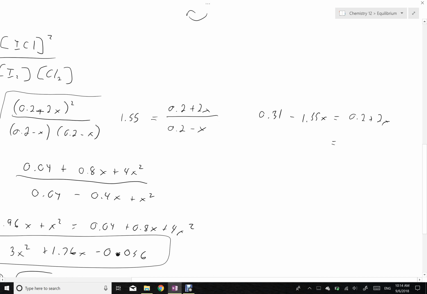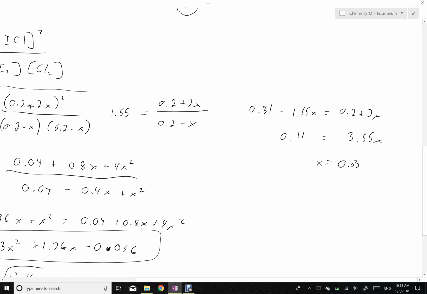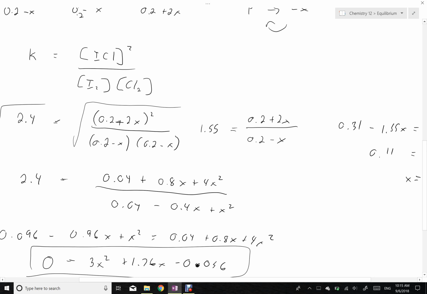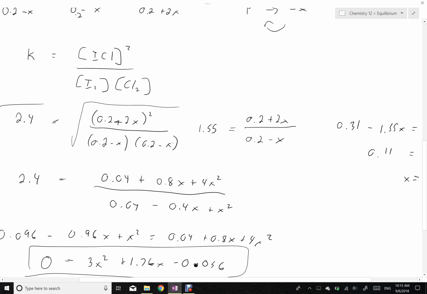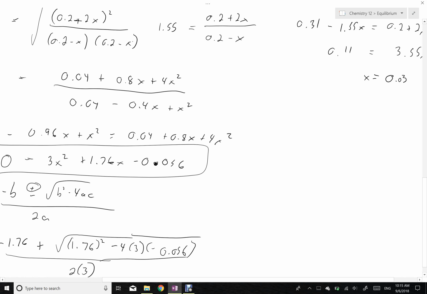Moving my 1.55x over here, 3.55x, and 0.31 minus 0.2 is 0.11, and 0.11 divided by 3.55 gives me x is equal to 0.03, which is what I got by doing it the big, long, hard way. So if you spot this perfect square, then it's going to save you a lot of trouble. If you don't, you can always hammer it through the old-fashioned quadratic way.